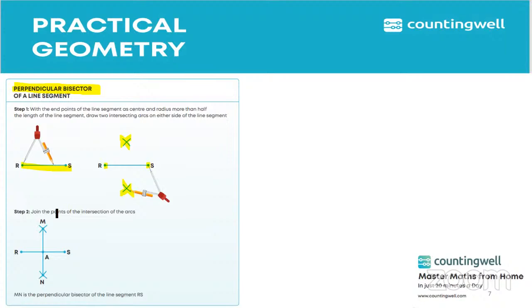In this way you will get the points of intersection of the arcs, and then we will join these two points to get the perpendicular bisector. Here MN is the perpendicular bisector of line segment RS at point A, because RA is equal to AS.